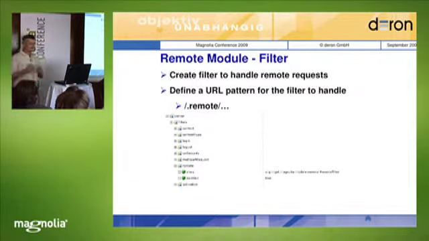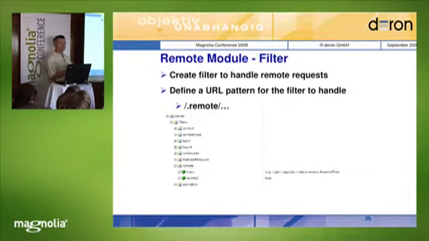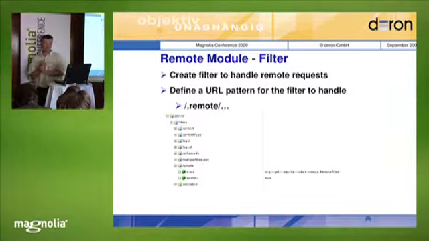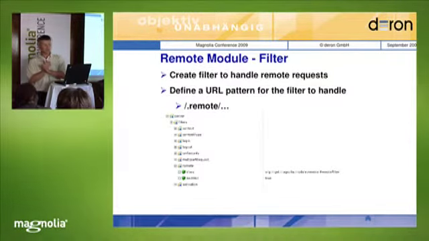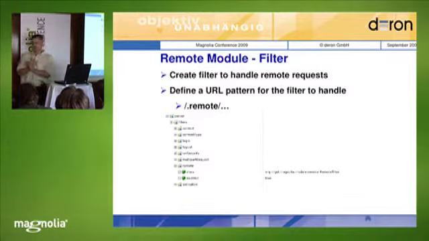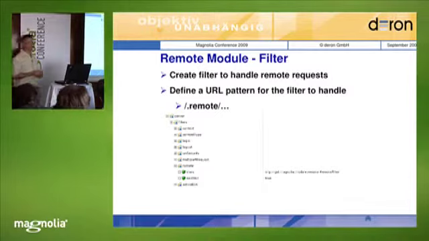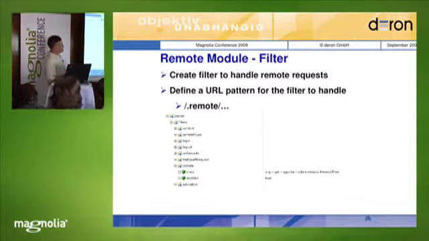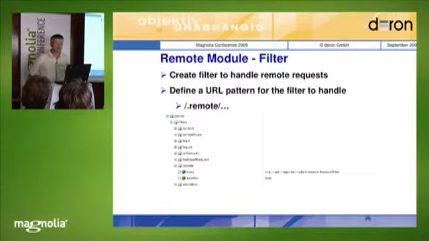The first idea is, if you look at the possibilities of Magnolia, you can very easily create a module which implements its own filter, and this filter mechanism is very easy to add to Magnolia.